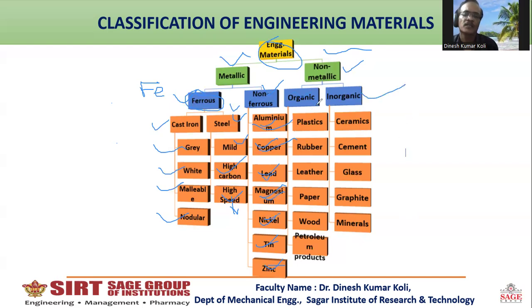Organic means if the material is made from vegetables or plants or animals, then they are called organic materials. And if they are made of something other than vegetables or animals, they are called inorganic. On the basis of this, they are divided into some categories.